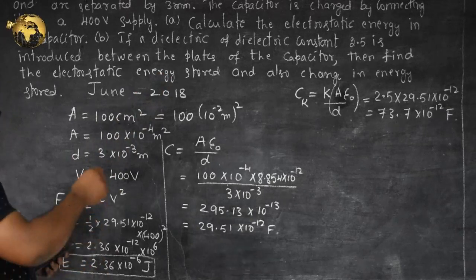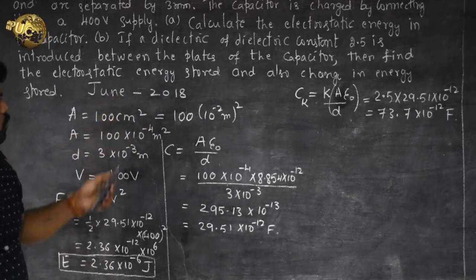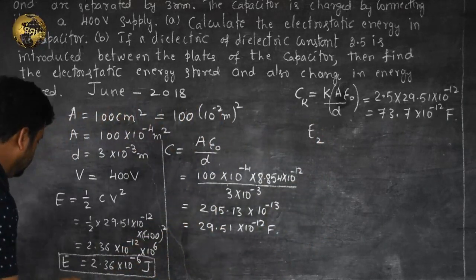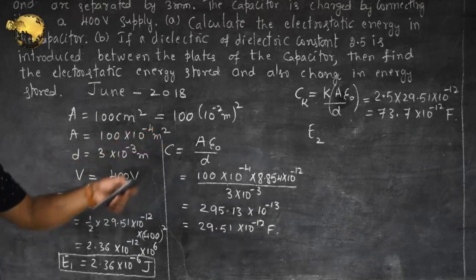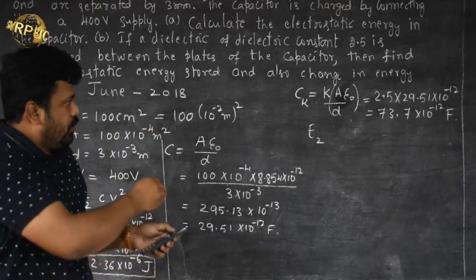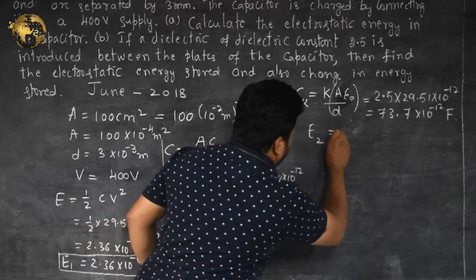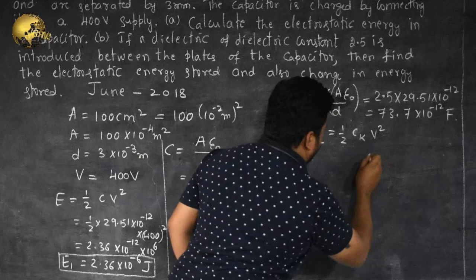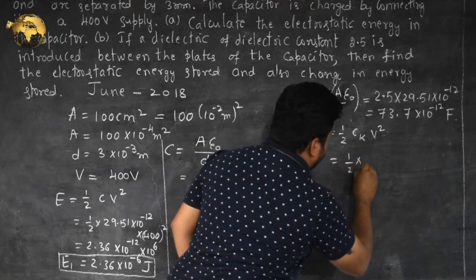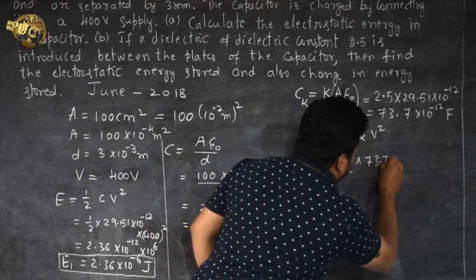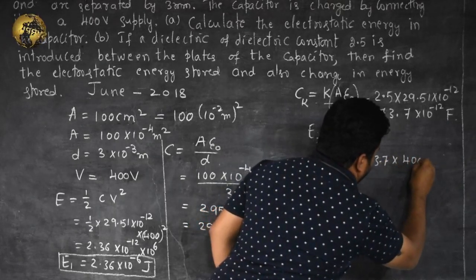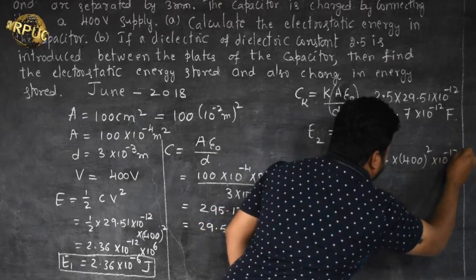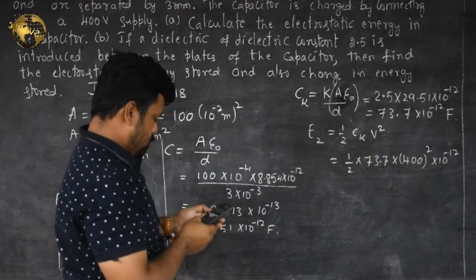After finding out the capacitance, we need to find the electrostatic energy stored. I call this one E2 and the earlier one E1, because the second time we are finding the energy in a different case. So E2 is half C K into V square. So this becomes half into 73.7 into 10 to the power minus 12 into 400 square.